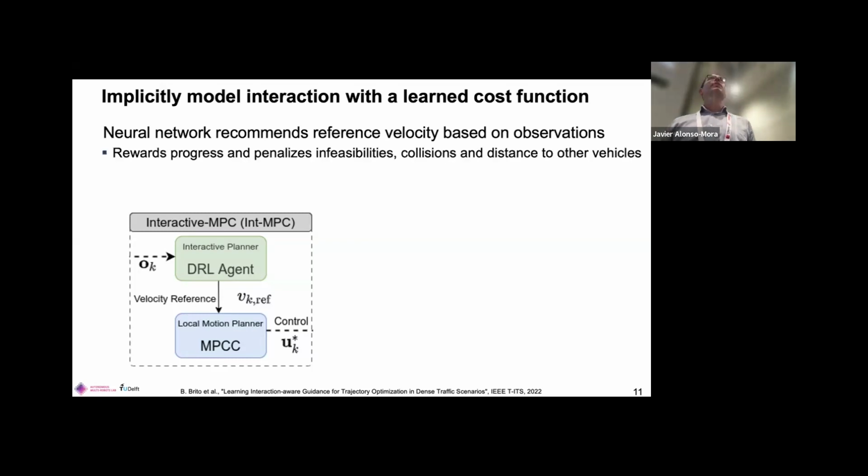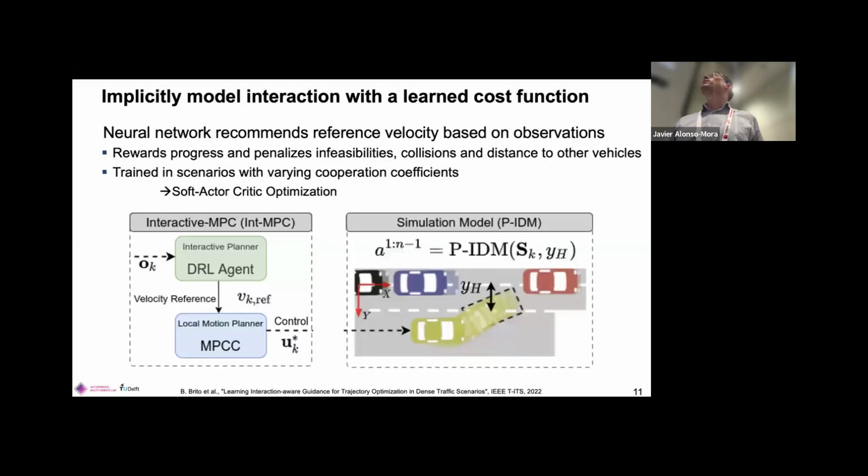And we train that one with, well, we reward making progress, right? So we want the vehicle to merge into the traffic, and we penalize things like collisions. And we train it in environments with interaction, where we sample different behaviors for other agents in the traffic lane. And that could be more or less cooperative. So for that, we use an adaptation of an intelligent driver model to simulate the other vehicles.